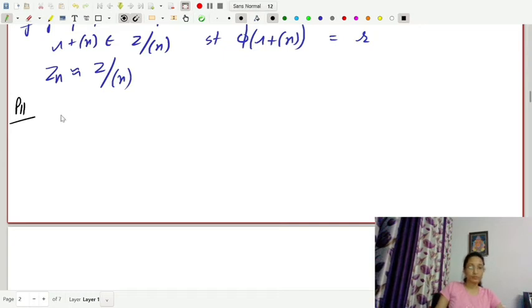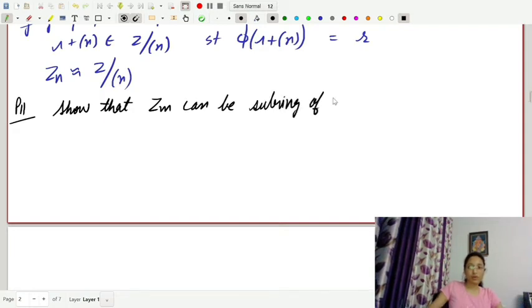Another problem. Show that Zm can be a subring of Zn if and only if m divides n. We prove the answer from here.